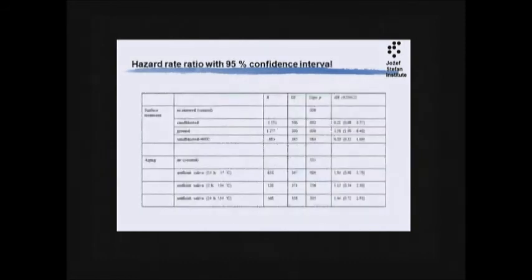So if we calculate the hazard rate, taking the controls as a reference, if you have a sandblasted surface, you'll have only a 20% chance, or only 5 times fewer specimens are likely to fail during this 1 million cycles.